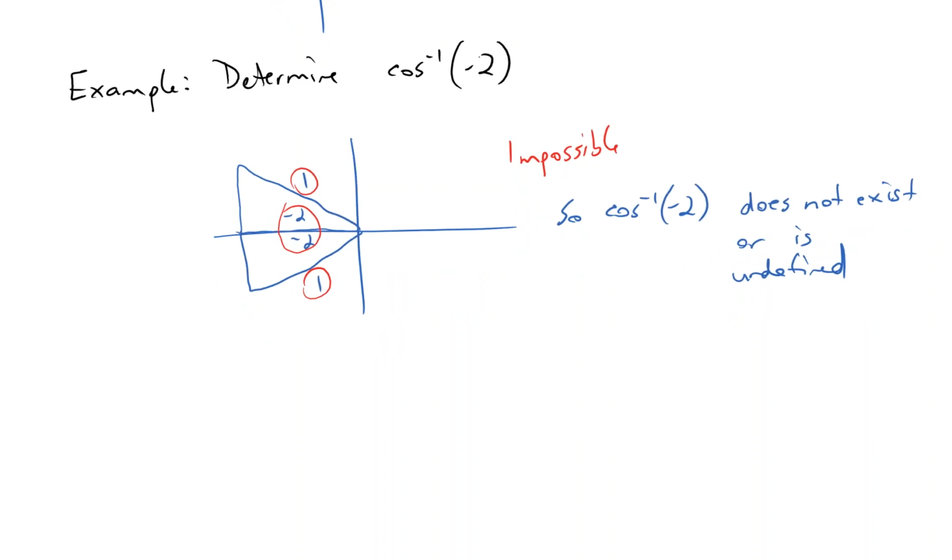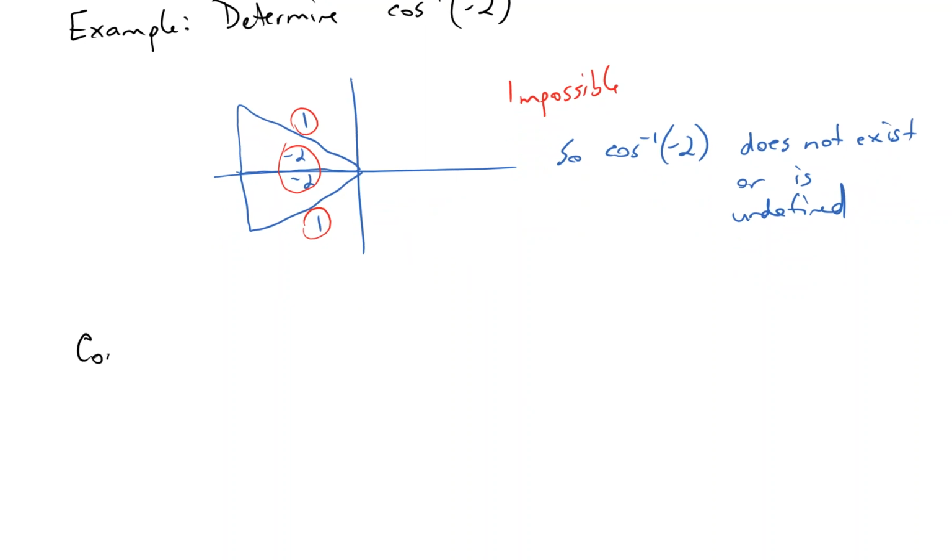In fact, you can imagine that your leg can't be bigger than 1 in any case, or -1. So we can make some conclusions here now regarding, if we look at the function y equals cosine inverse of x, we can make some conclusions about x.